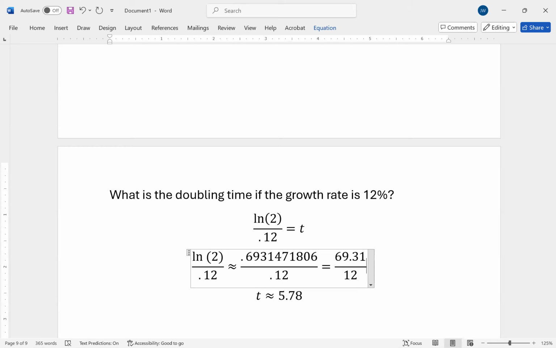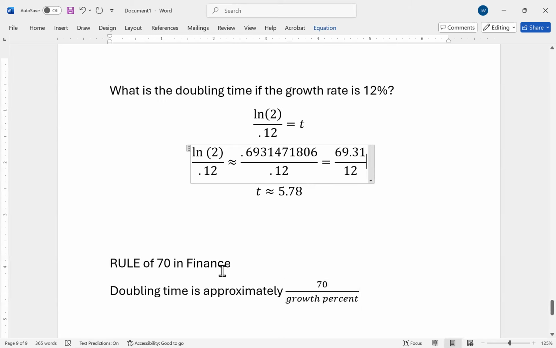So that's about 70 over 12. That's where the rule of 70 comes from. The rule of 70 would probably be a little bit more accurate if we called it the rule of 69, but people don't usually use that. They typically call it the rule of 70.